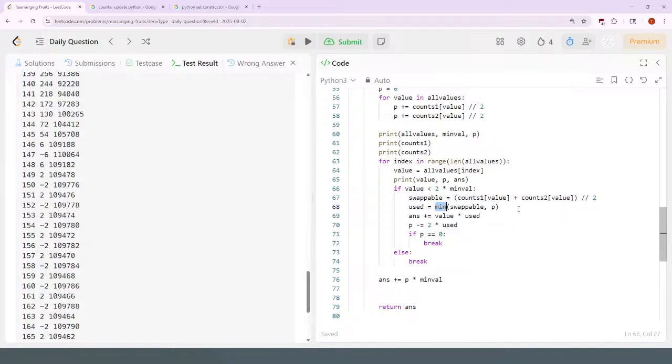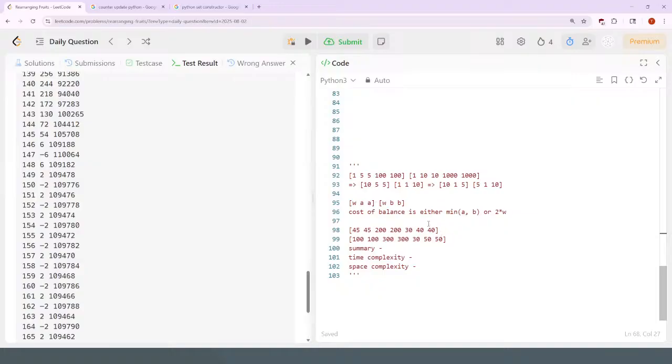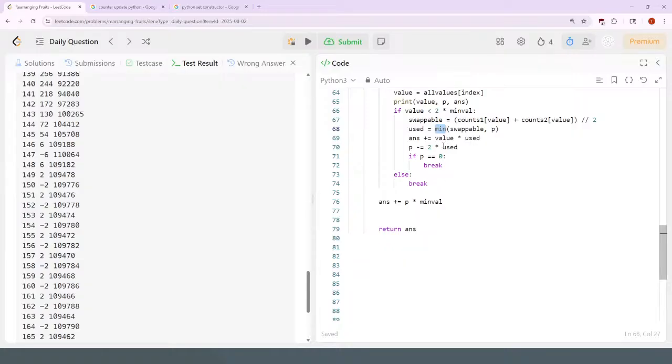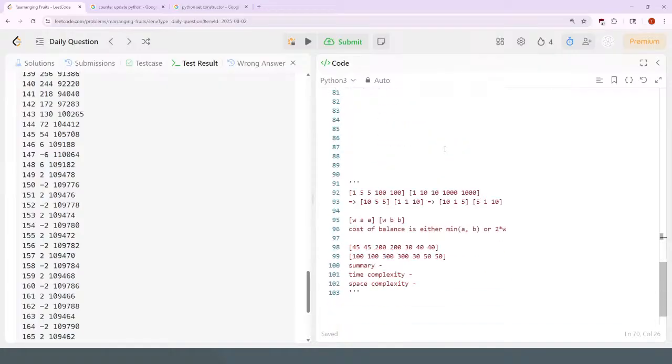Swappable. Ah, I see. So I'm not counting this correctly. So I can't be subtracting 2 times my number used. So the number of pairs that need to be, okay, so what am I doing here?